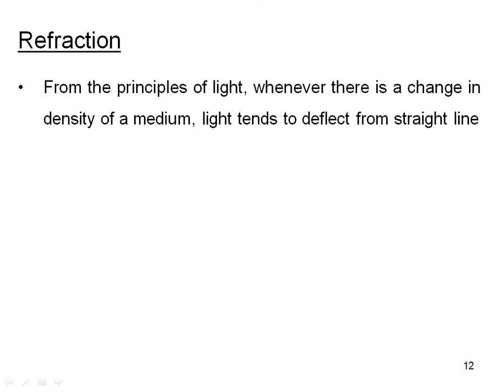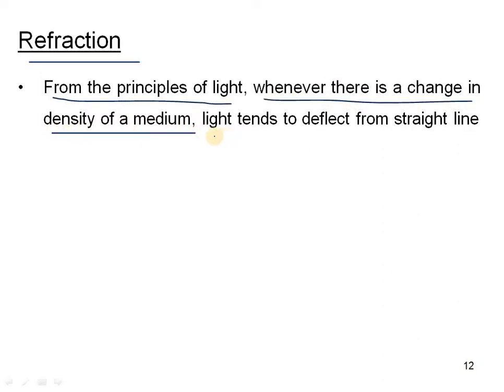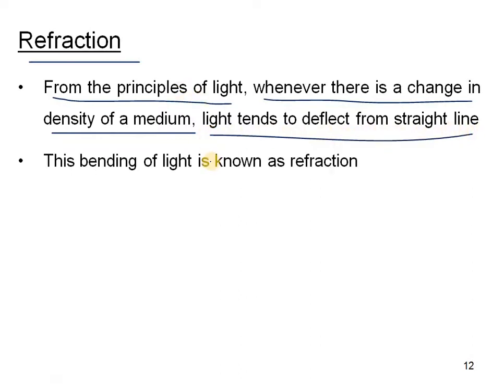So what is refraction? From the principles of light, whenever there is a change in the density of a medium, light tends to deflect from a straight line. This bending of light is known as refraction.